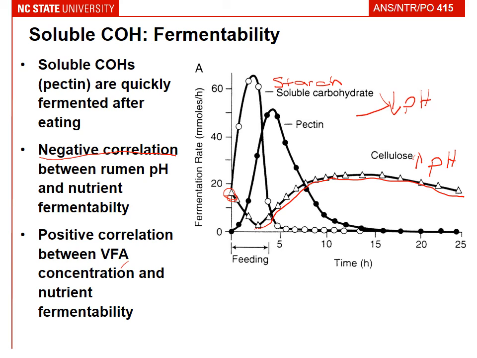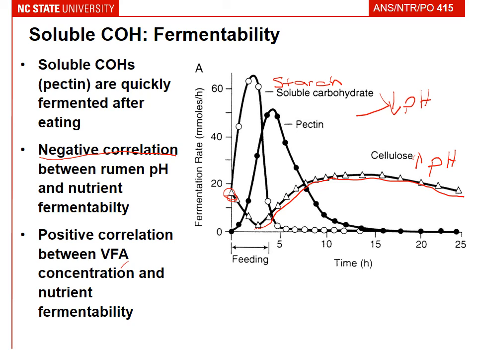So this would be starch, specifically amylose. You can see right away while the animal is eating, basically as soon as it's done eating, that starch has all been fermented by the microbes.